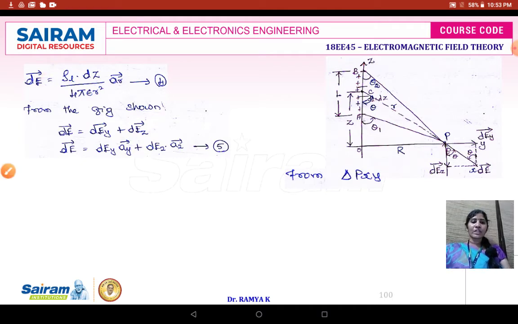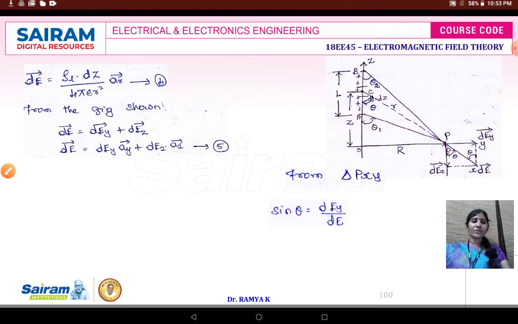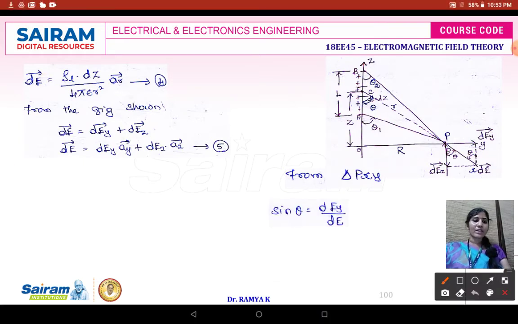Here we can identify sin theta is equal to dEy. I can take the triangle as reference from PXY, this point. From this triangle, sin theta is equal to opposite by hypotenuse, so dEy divided by dE for this particular triangle.